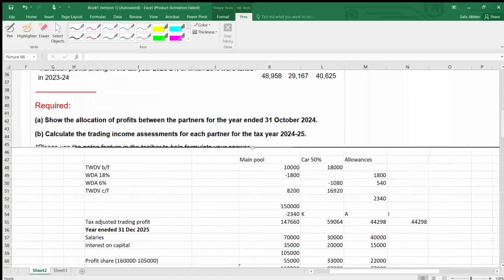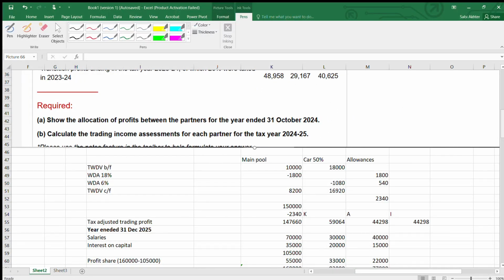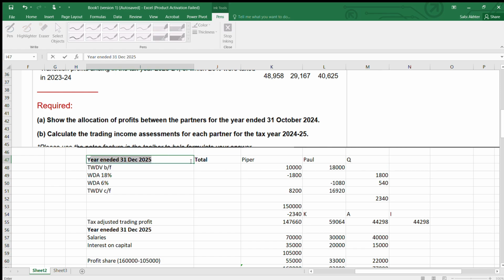Here, the total, Piper, Paul and Quincy Q. And this is for the year ended 31st October 2024.